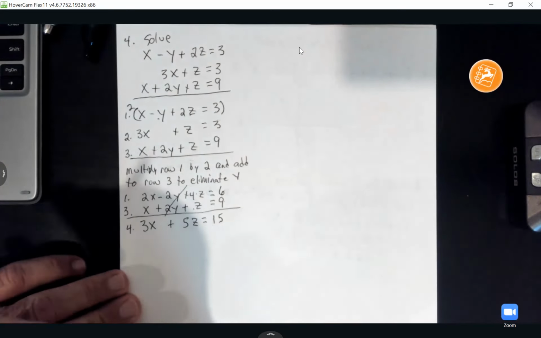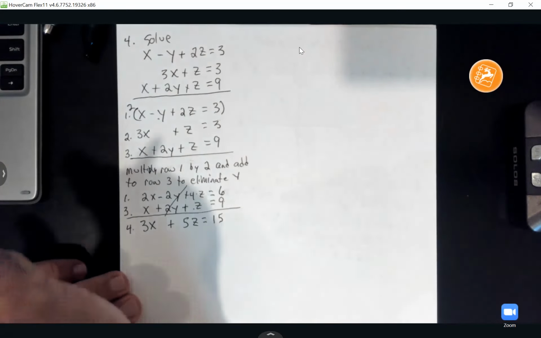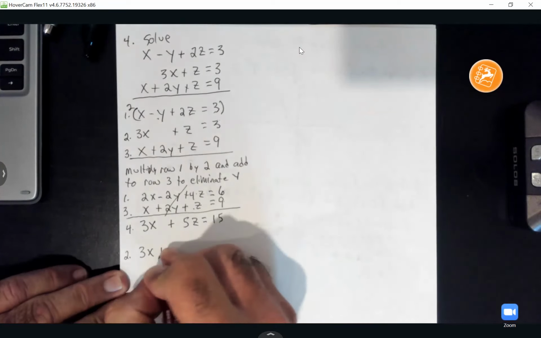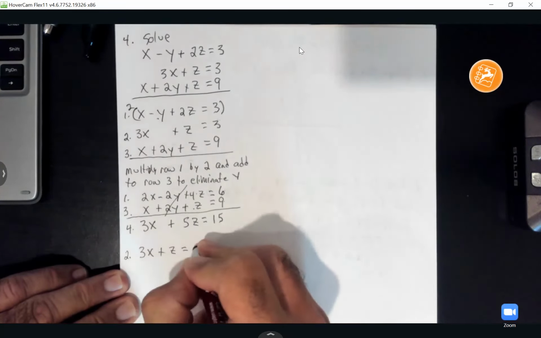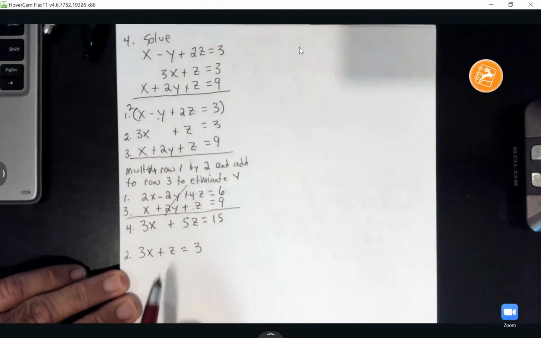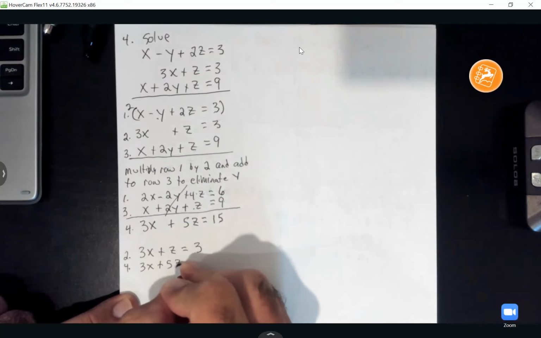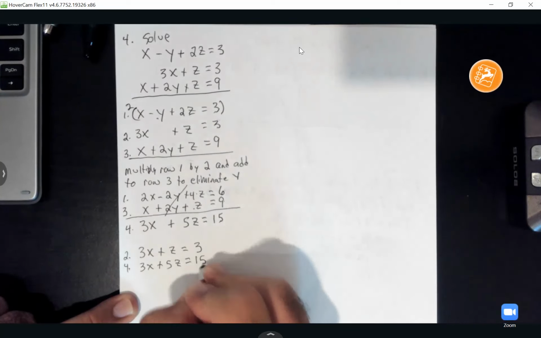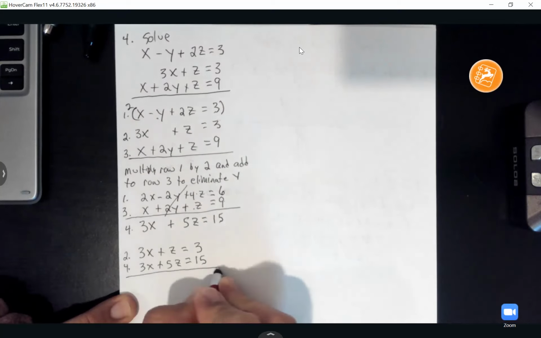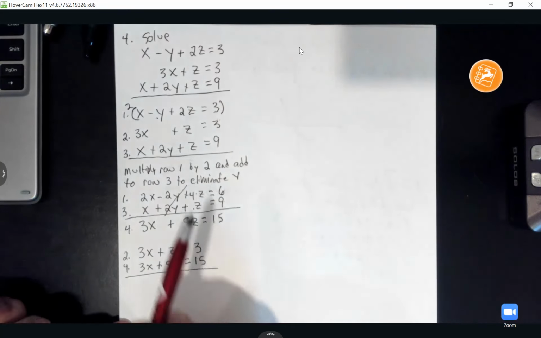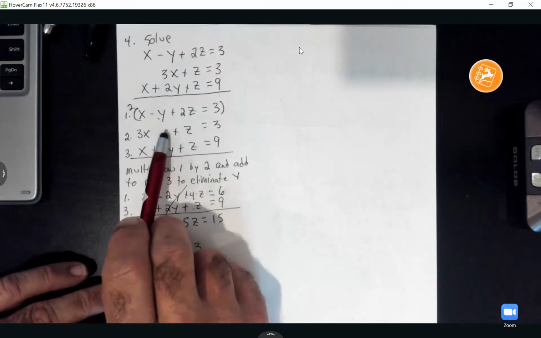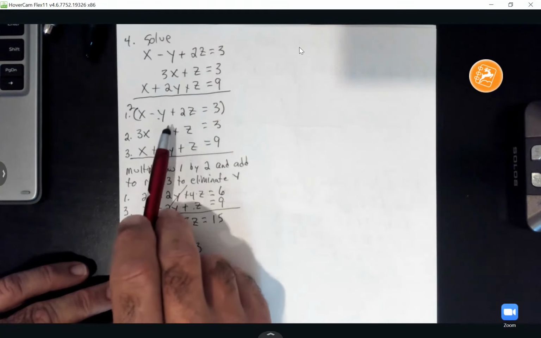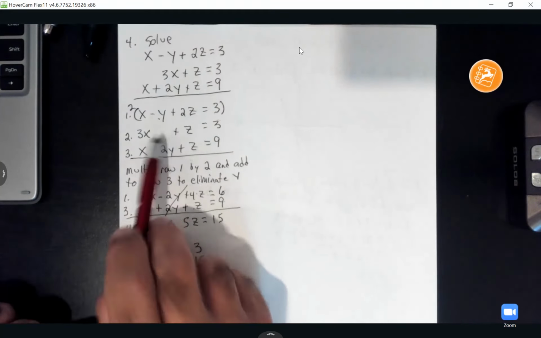Putting these two rows together now, let's bring down row 2: 3x plus z equals 3. Our new row 4 was 3x plus 5z equals 15. So if you find the variable that's missing on one of the rows, use the other two rows to get rid of that same variable.